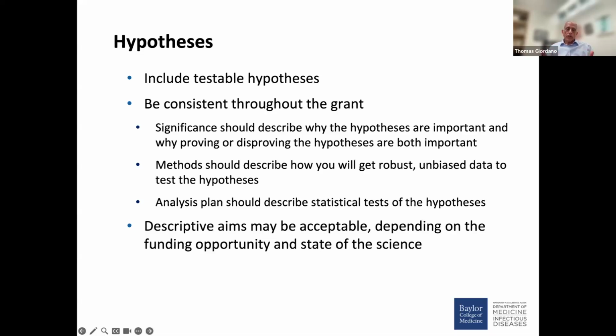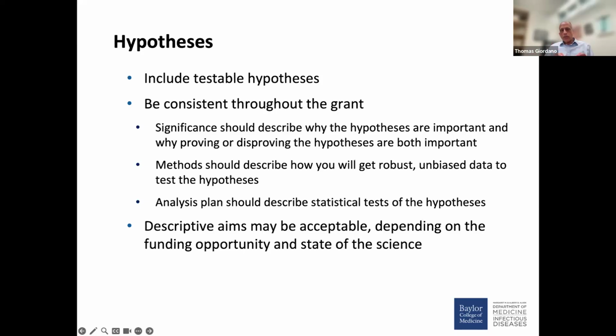For nearly every other kind of grant, R03, R21, you also need to have testable hypotheses. Even for a preliminary grant, like an R34 or a pilot, like a K award, you should have some testable hypotheses. It may not be to prove that A is better than B. It may be to show that this is feasible. But you should have some hypotheses in the aims.